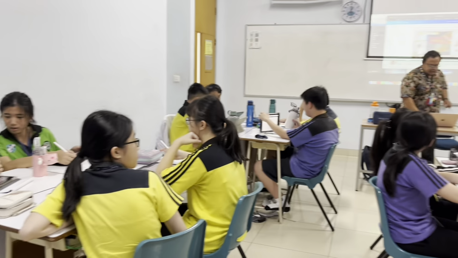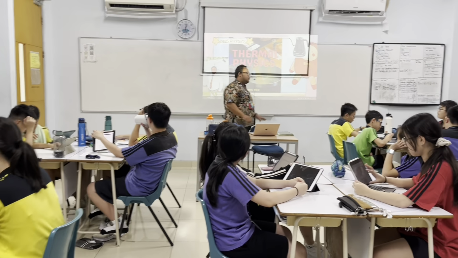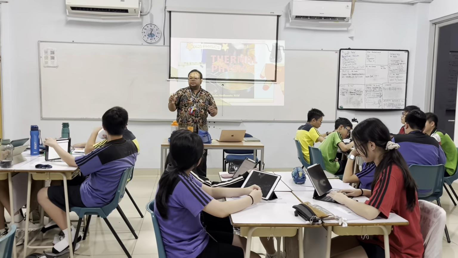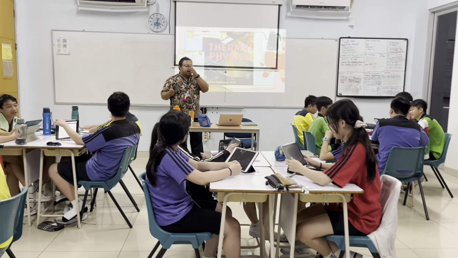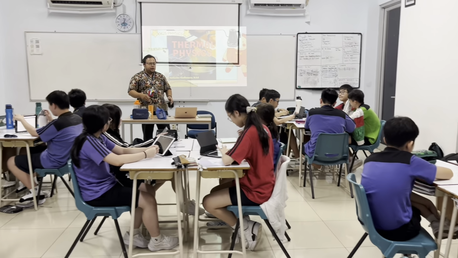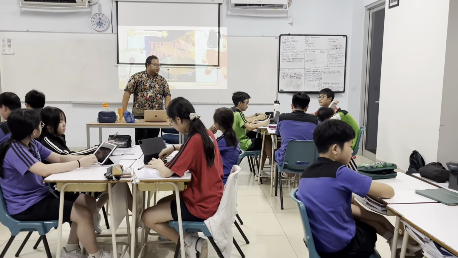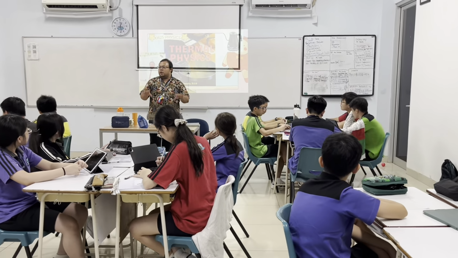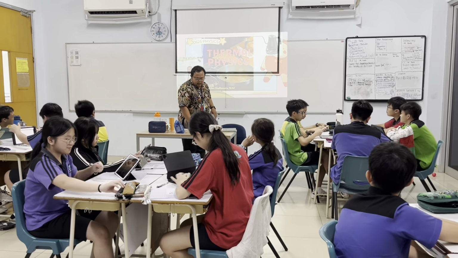By the end of the lesson today, you will be able to understand the concept of specific heat capacity and how to calculate the heat using the formula Q = m c delta T, mass times specific heat capacity times delta T. That's our objective today.